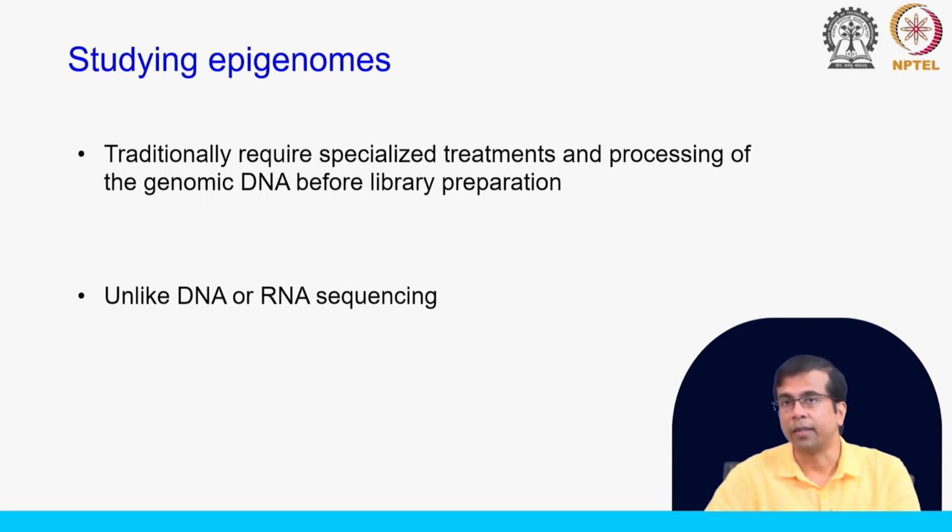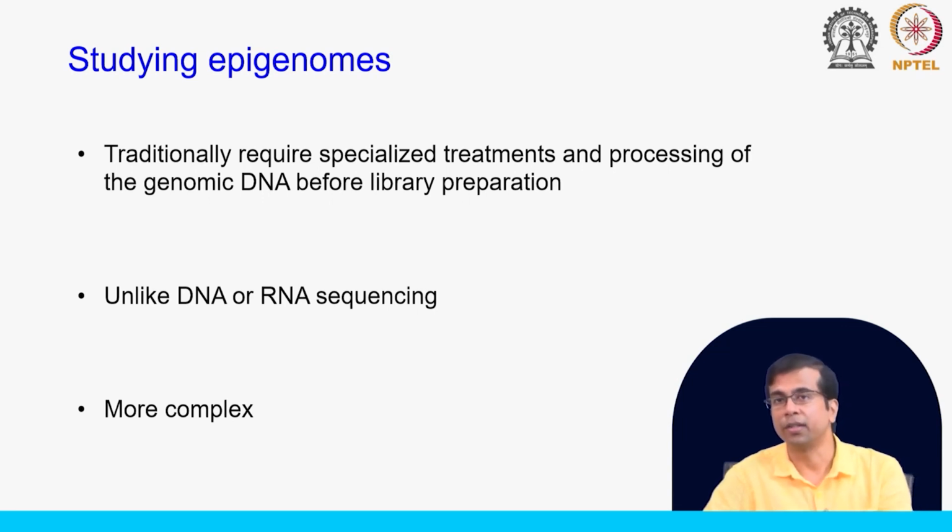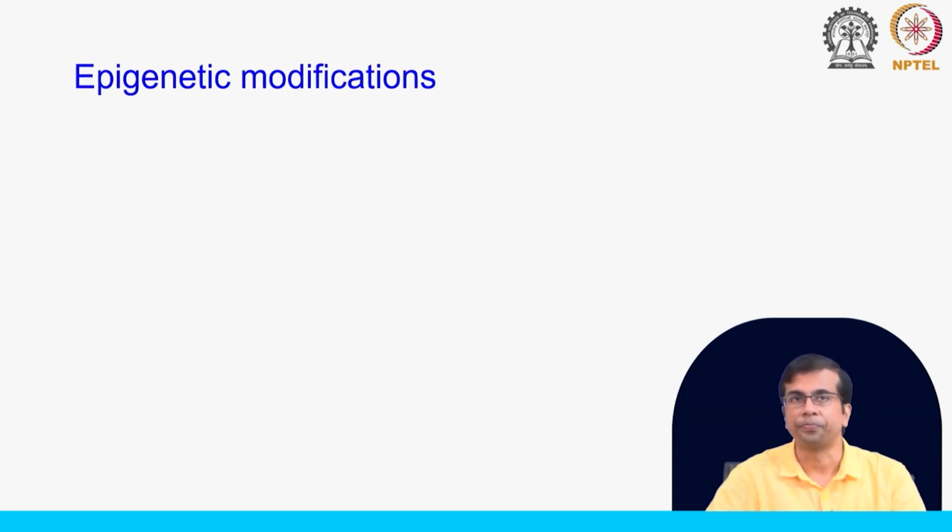This makes the experimental process more complex, but also the data analysis more complex, because you need more control experiments to account for the different biases introduced during the experimental steps. This is the reason why I chose to keep it at the end, because we will also need to talk about the experimental steps and their implications on the data analysis.